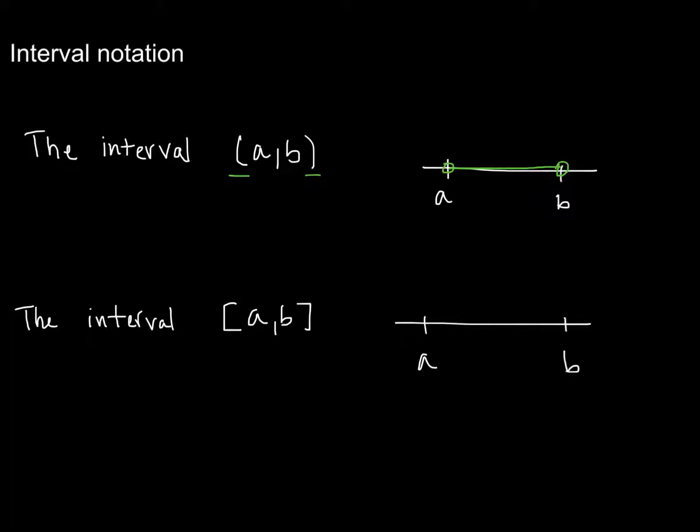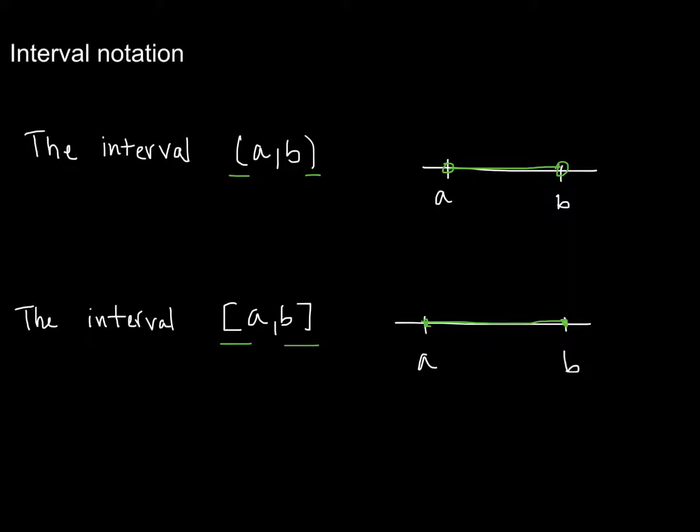If I'm looking at the interval between A and B with square brackets, I am including A and B in my interval. So that would be all the possible real numbers between A and B, including A and B. Often it's just easier to write something using interval notation than to write it out with words.